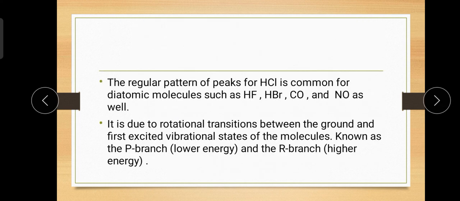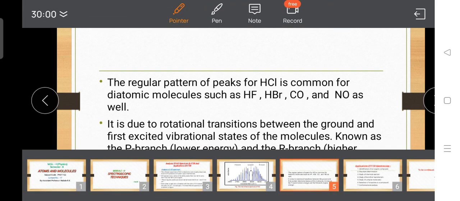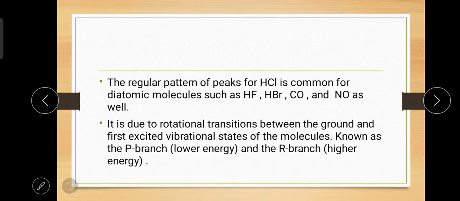But what is the wave number? If we consider it in terms of lambda, that is the wavelength, we know that the wave number, nu bar, is equal to 1 by lambda. This is the relation between the wave number and the wavelength. That means the reciprocal of lambda is nothing but the wave number.